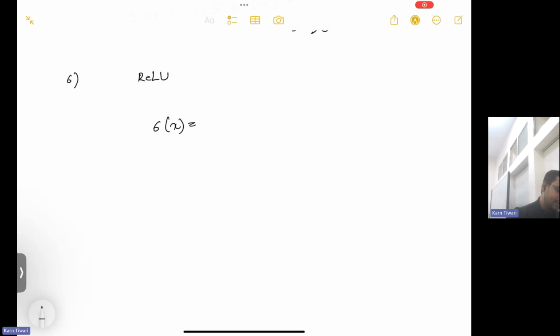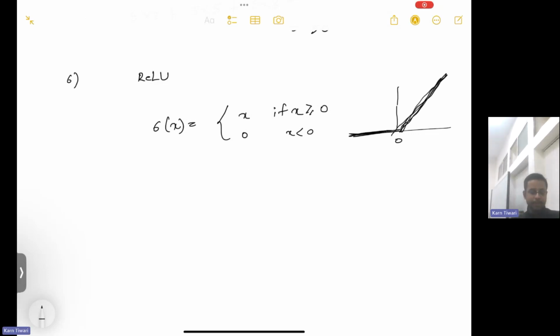Sigma of f of x is equivalent to x if x is greater than or equal to 0, and 0 if x is less than or equal to 0. So it's like this. It's 0 if my x is negative and is equal to x if my x is positive.